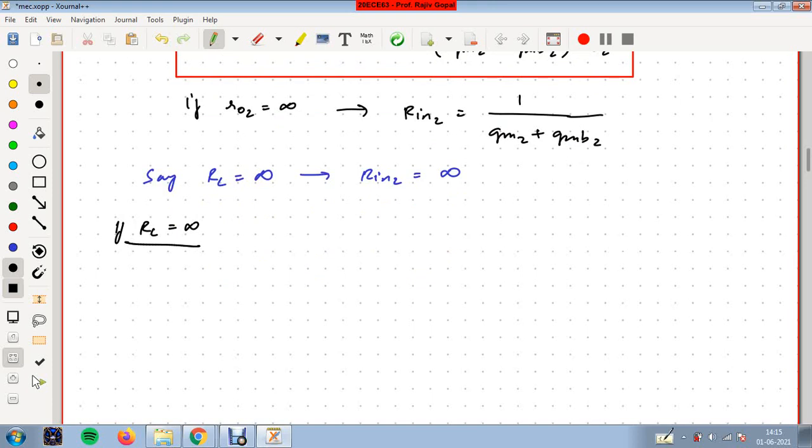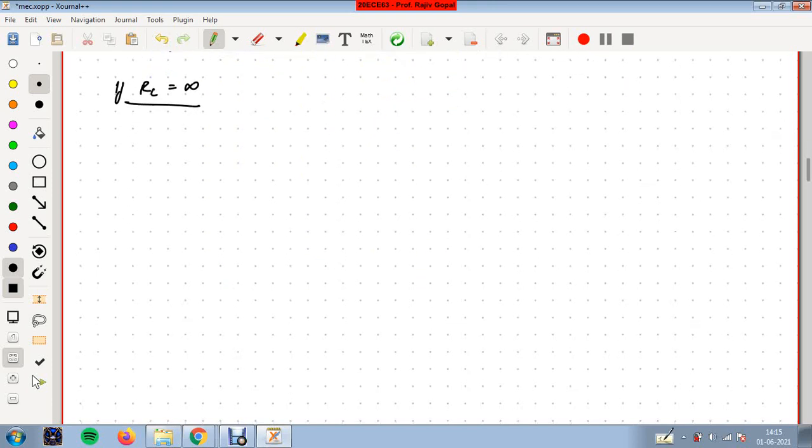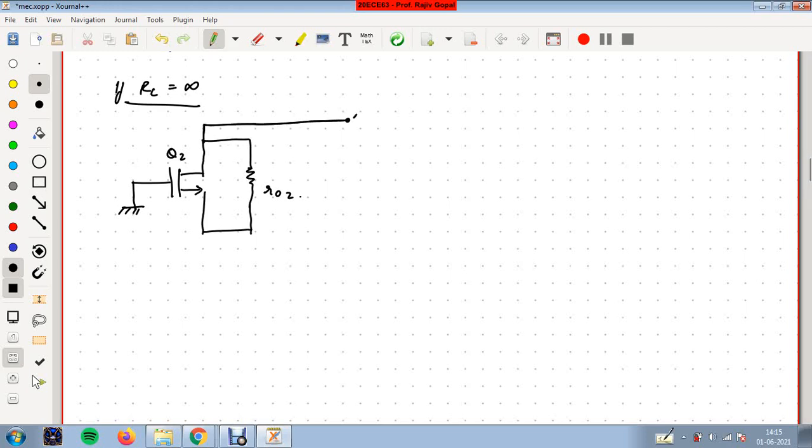The circuit diagram will actually stay simple. You have the gate attached to ground. This is R02, and this is Q2. Here you have V0.